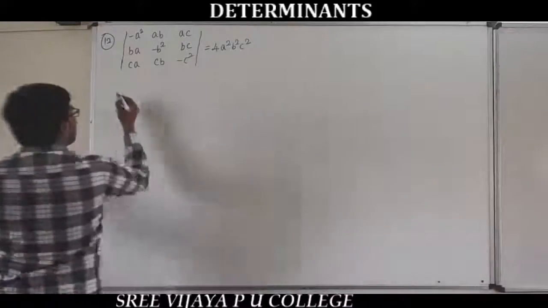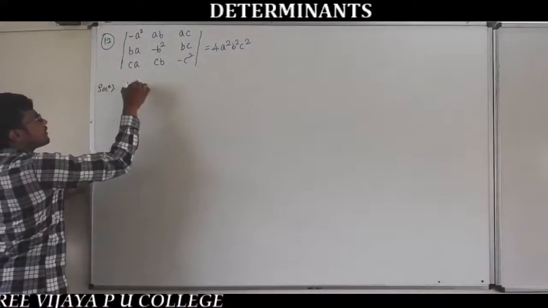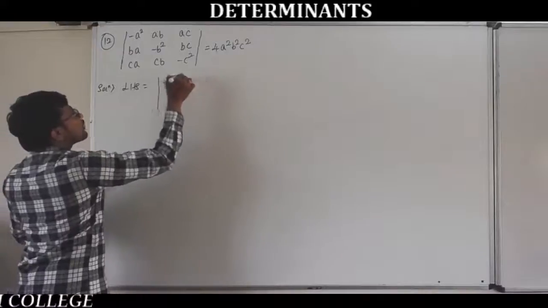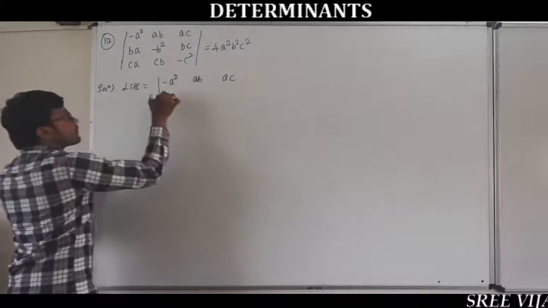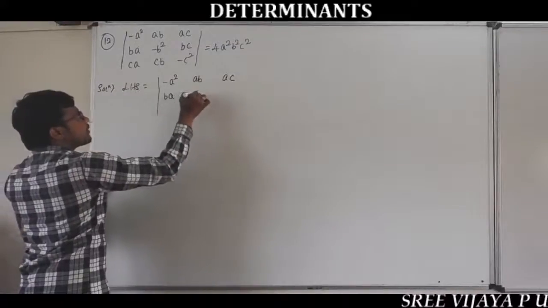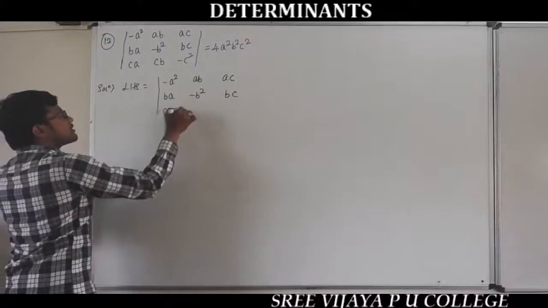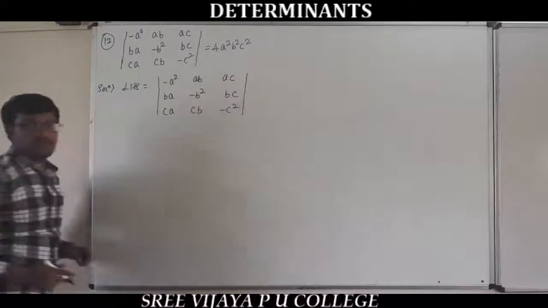So you see the solution? LHS. So determinant of minus a square, ab, ac; ba, minus b square, bc; ca, cb, minus c square.